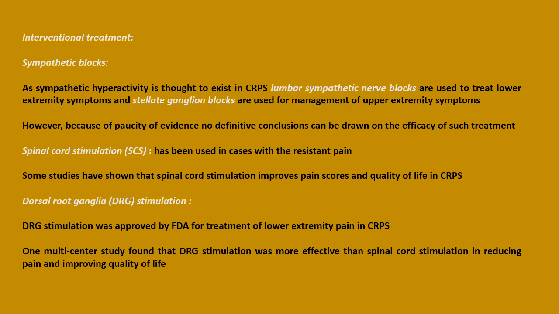Some studies have shown that spinal cord stimulation improves pain scores and quality of life in CRPS. Dorsal root ganglion or DRG stimulation. DRG stimulation was approved by the FDA for treatment of lower extremity pain in CRPS. One multi-center study found that DRG stimulation was more effective than spinal cord stimulation in reducing pain and improving quality of life.